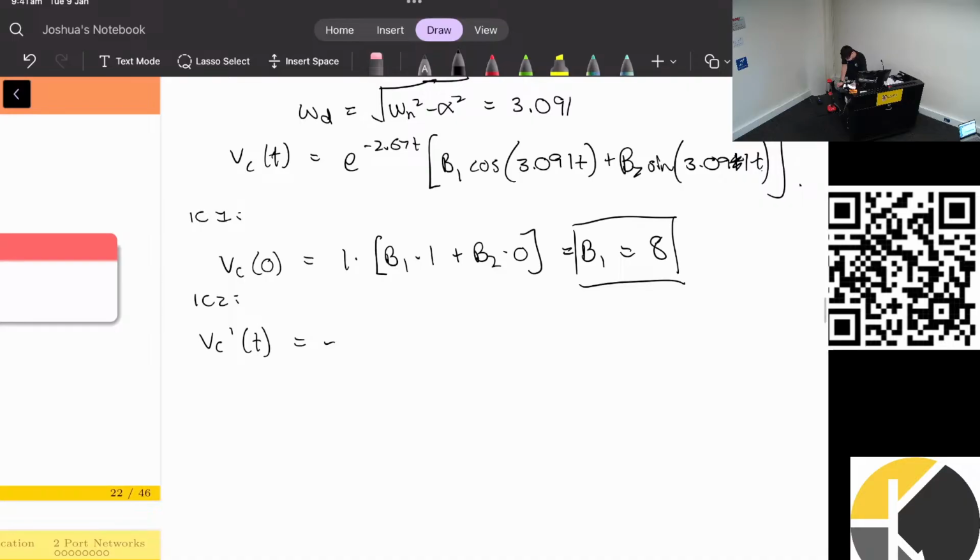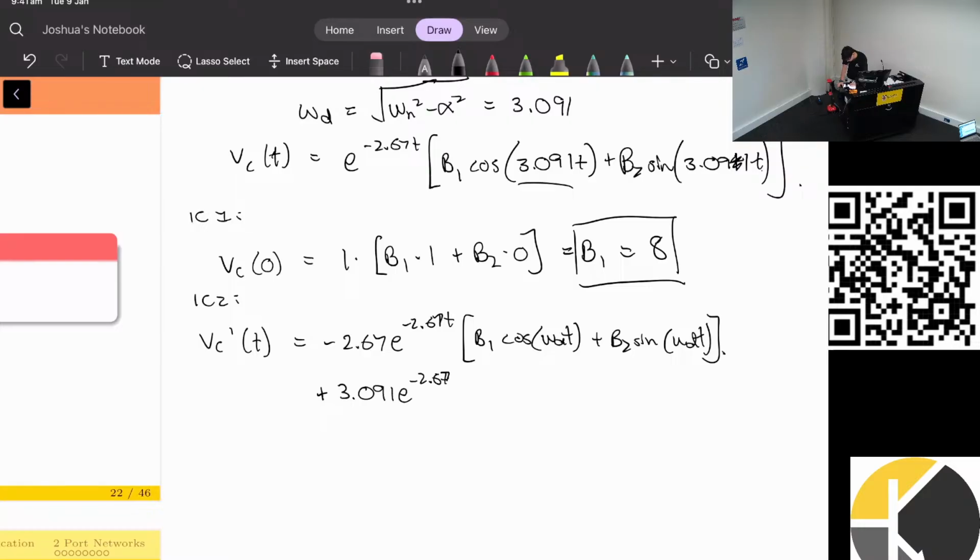Differentiating the e term, we get 2.67 at the front, and then this whole thing. And then we differentiate the thing inside the brackets now. So that gives us this term at the front: plus 3.091 e to the minus 2.67t. And then the derivative of cos is minus sine, and the derivative of sine is cos.